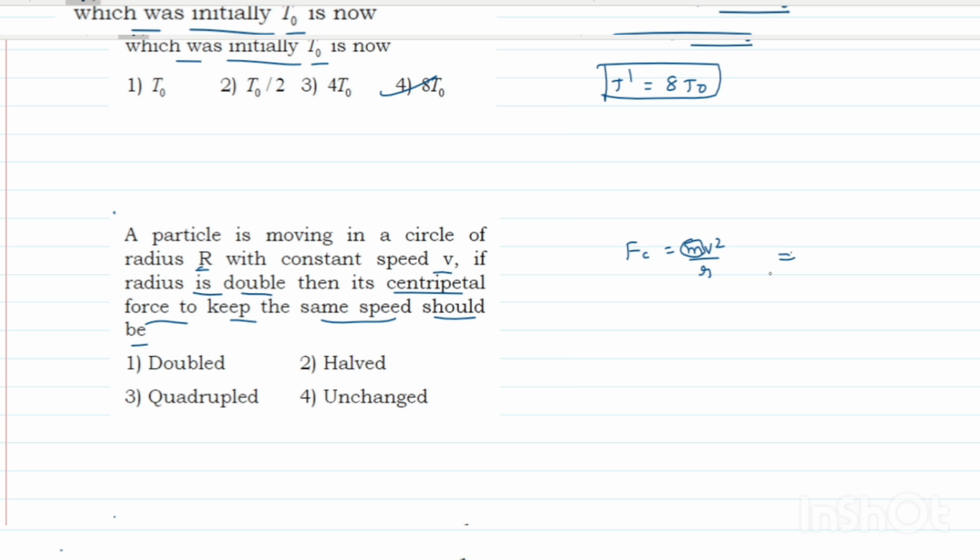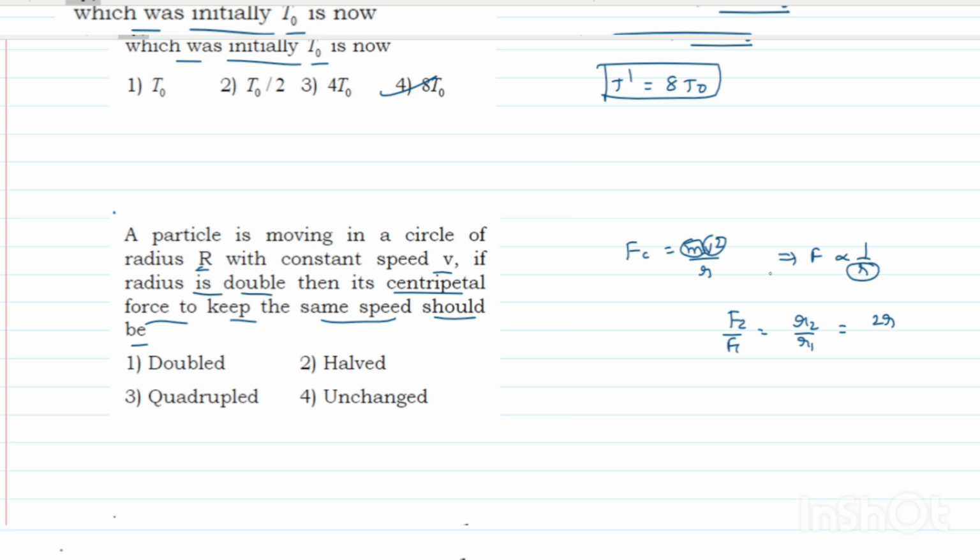F is inversely proportional to r. That means to keep the same speed, the velocity will be the same, so F is inversely proportional to r. If the radius you are doubling, then you can take F2 by F1 equal to r2 by r1.